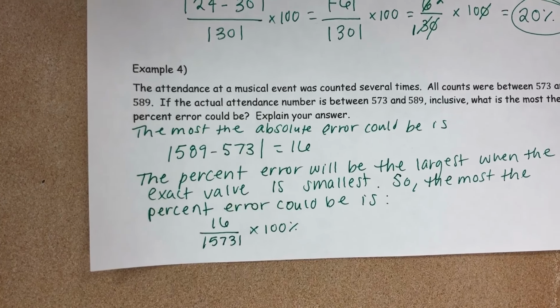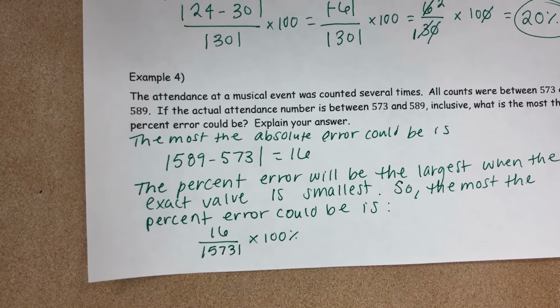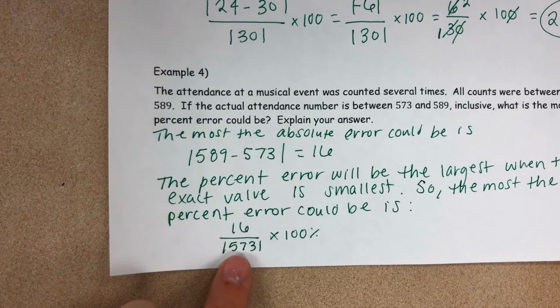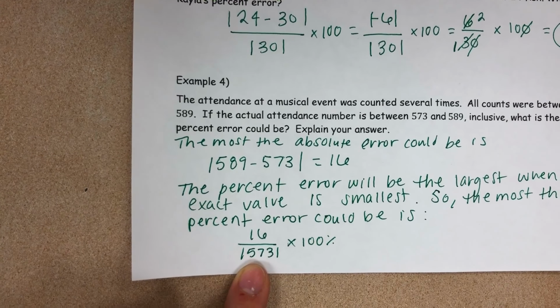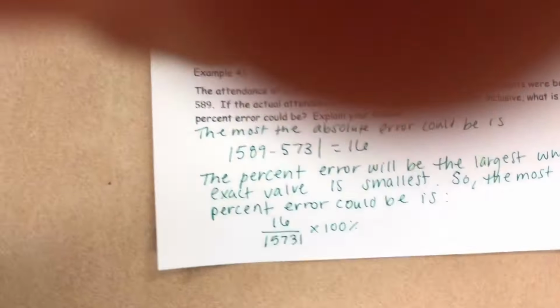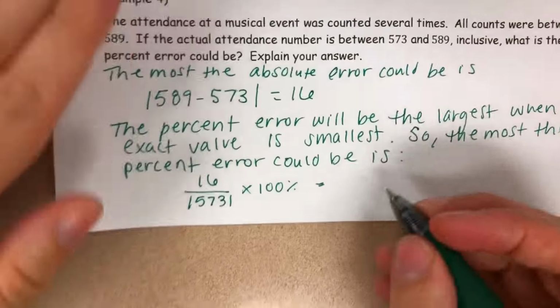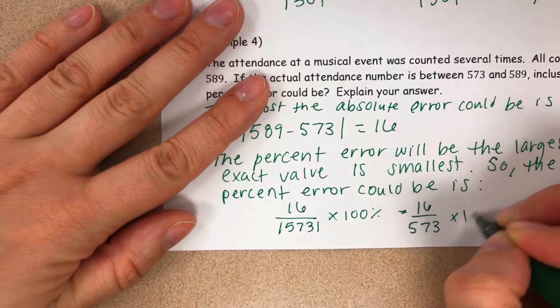If you divided 1 divided by 2, that's a larger number than if you divide 1 divided by 3. So, we want to go with this number because it will give us the larger percent error. So, let's keep going. That's 16 over 573 times 100.